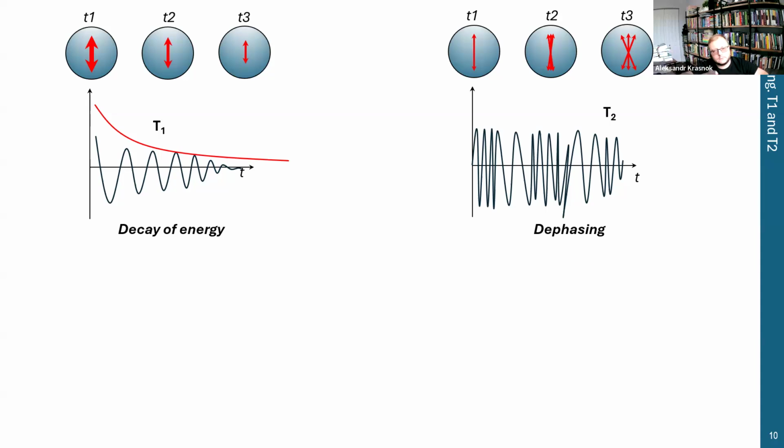In the next time moment, in a while, let's say T2, we will observe that this field oscillates not just up and down, but also slightly inclined.